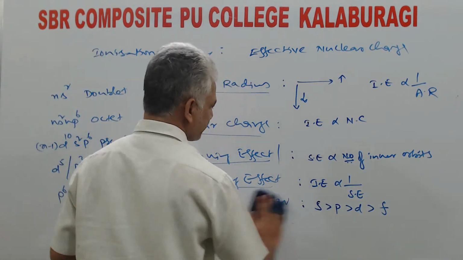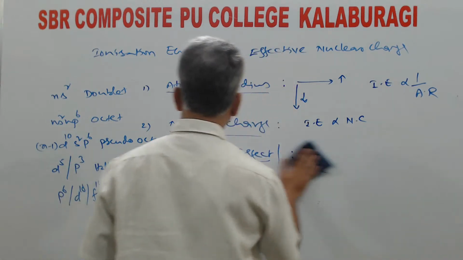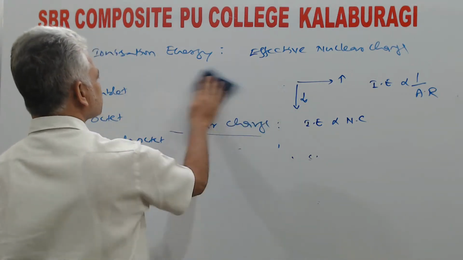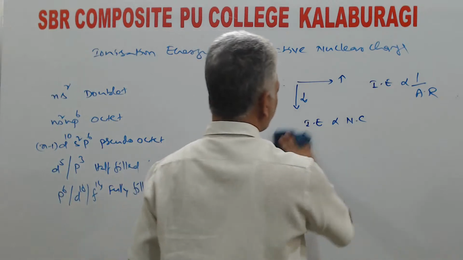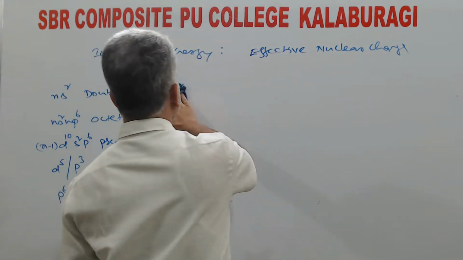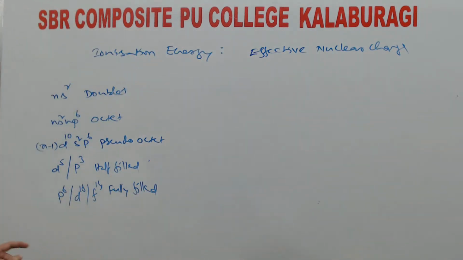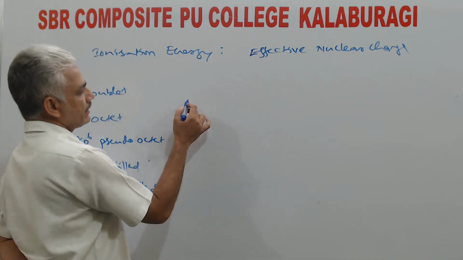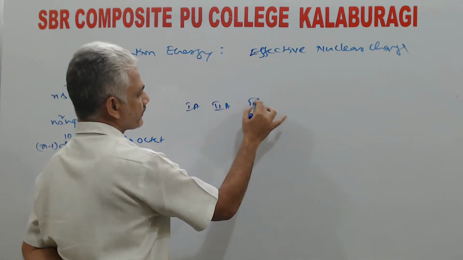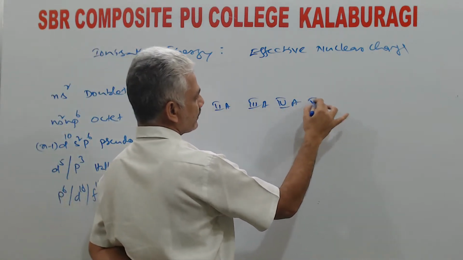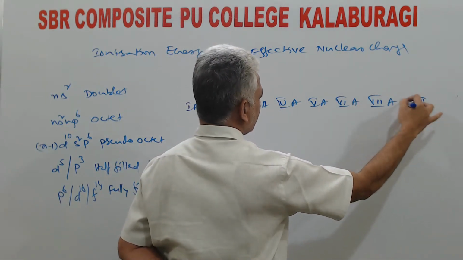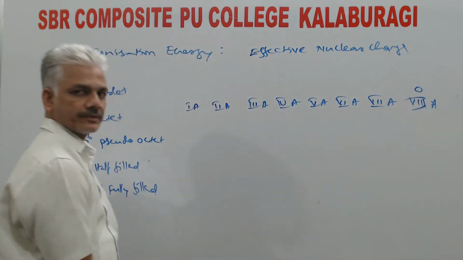For example, along a period, if you see 1A, 2A, 3A, 4A, 5A, 6A, 7A, and 8A also called as 0.